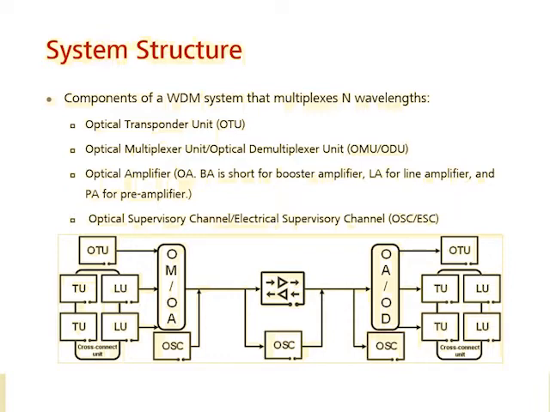And then you can see in our system structure we have some items we haven't finished. You can see we also have TU and ALU over here. What is TU-ALU? It is like the OTU. The OTU has two parts, the client side and the WDM side. For this kind of unit, it can be very dangerous.